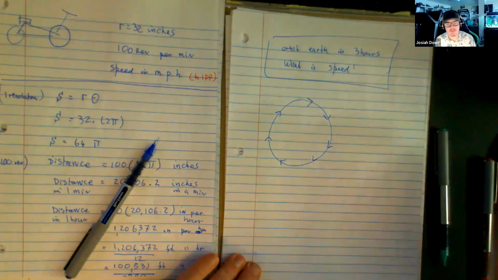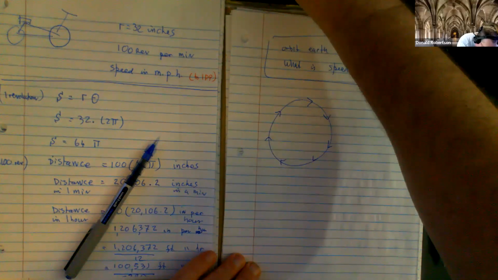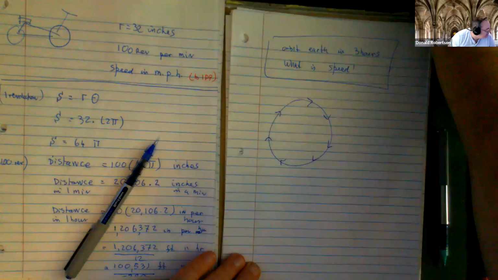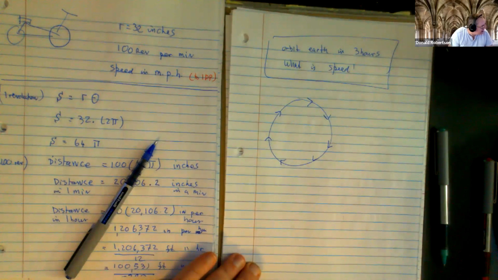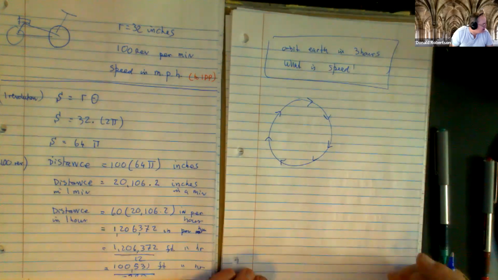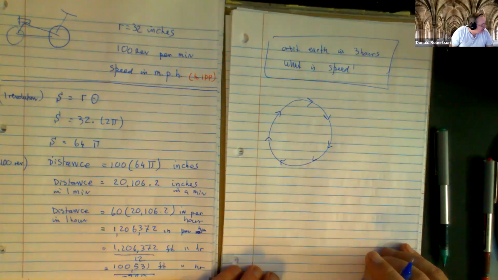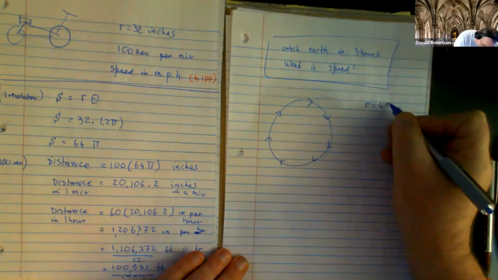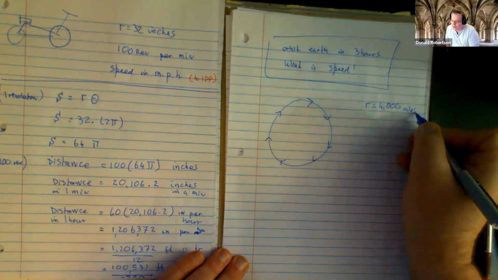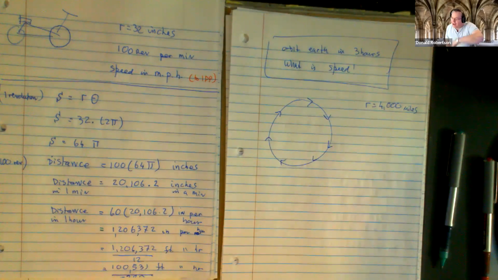Agreed. So I'm going to put in Earth radius. Did you know that the Earth's radius is 3,958.8 miles? And so I'm going to make the radius 4,000 miles for the reason you just gave, because I don't want to crash into buildings, right?